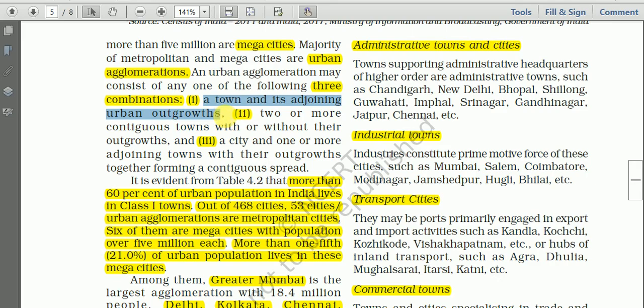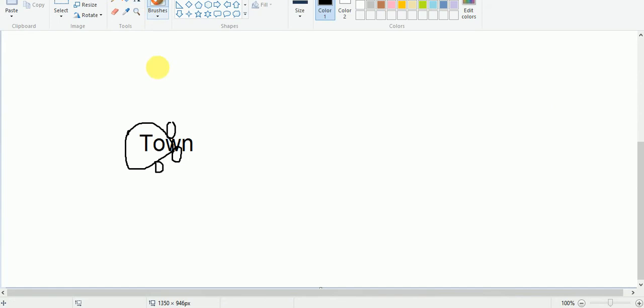So in the first case, an urban agglomeration is formed by combining a town and its adjoining urban outgrowths. In this case, this is an urban agglomeration, UA, a town with its adjoining outgrowths.